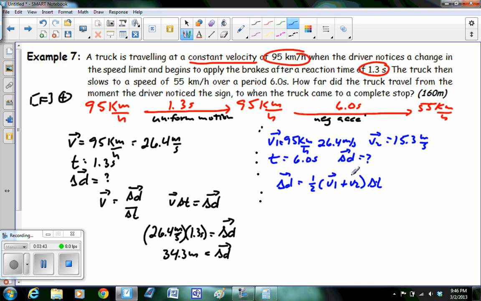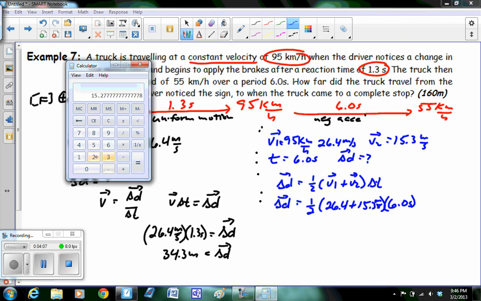So let's plug some numbers in over here. So my displacement is going to be 1/2 of 26.4 plus 15.3 meters per second, and this is going to happen over 6 seconds. So let's multiply through a little bit here.